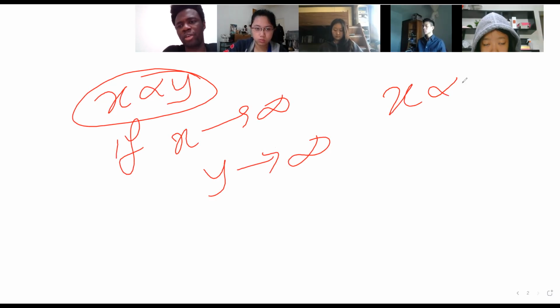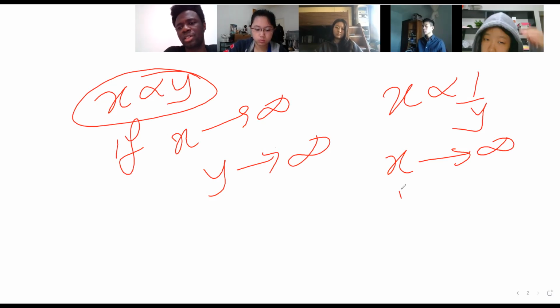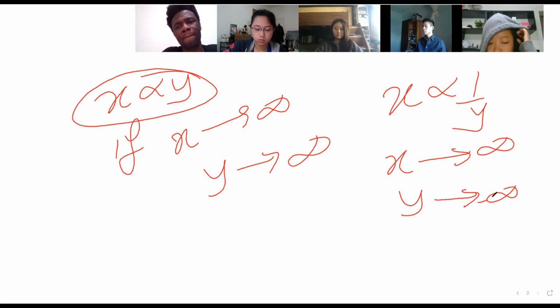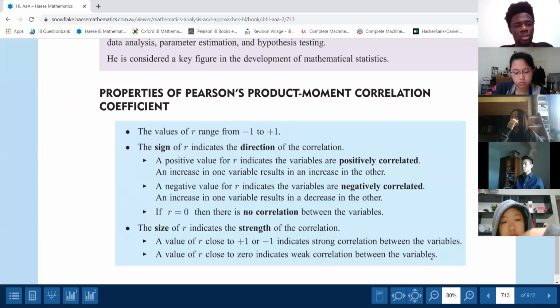And when we do inverse variation, it means as X increases, Y reduces. Am I making sense? So this is the idea of the correlation as well. When you get that value, this will be the interpretation that you will share as a conclusion.